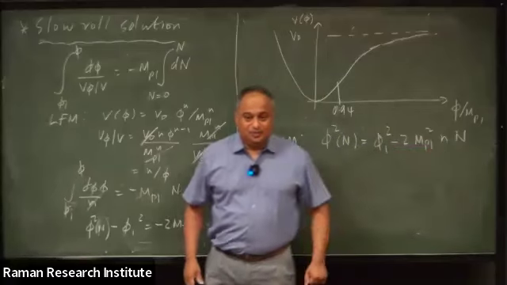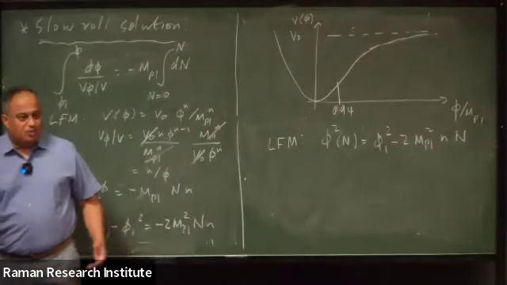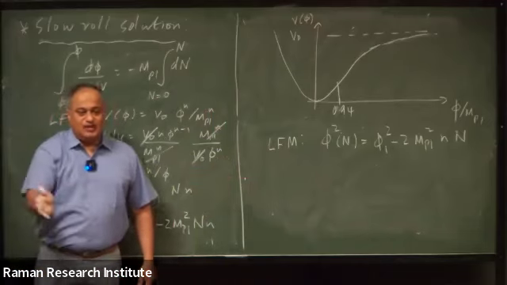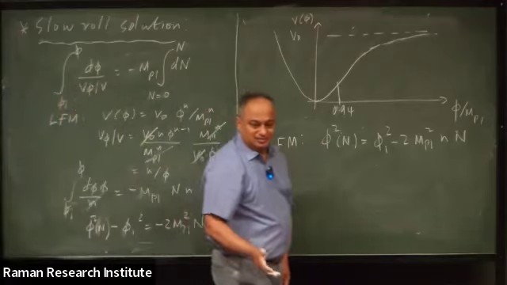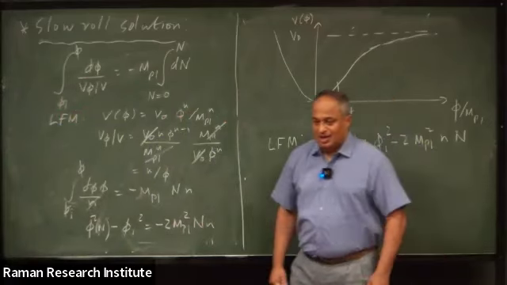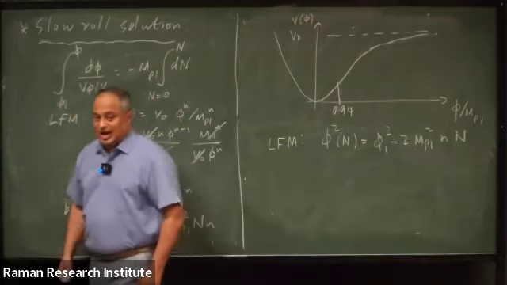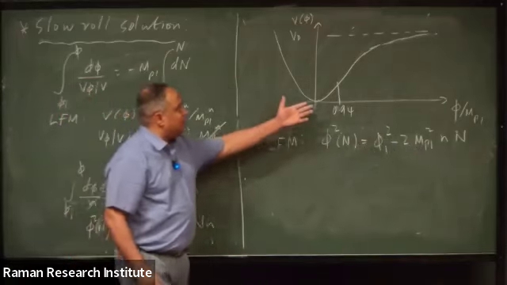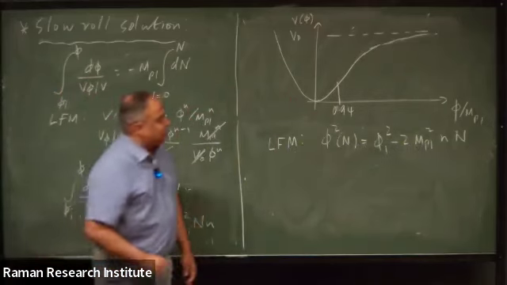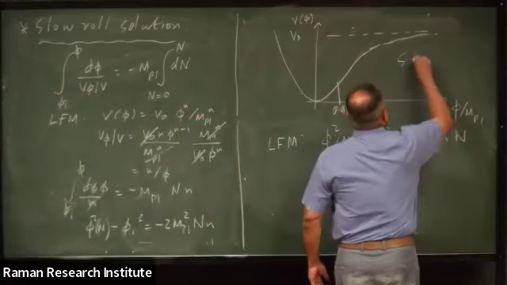Okay, for a quadratic potential, you need to start at something like 15 or 16 MPL and inflation will end at root 2 MPL. Okay, and you can do that exercise for other potentials as well. I would urge you to repeat the same exercise for this Sriramkumar model. Remember, this is the Sriramkumar model. Okay, Sriramkumar potential.